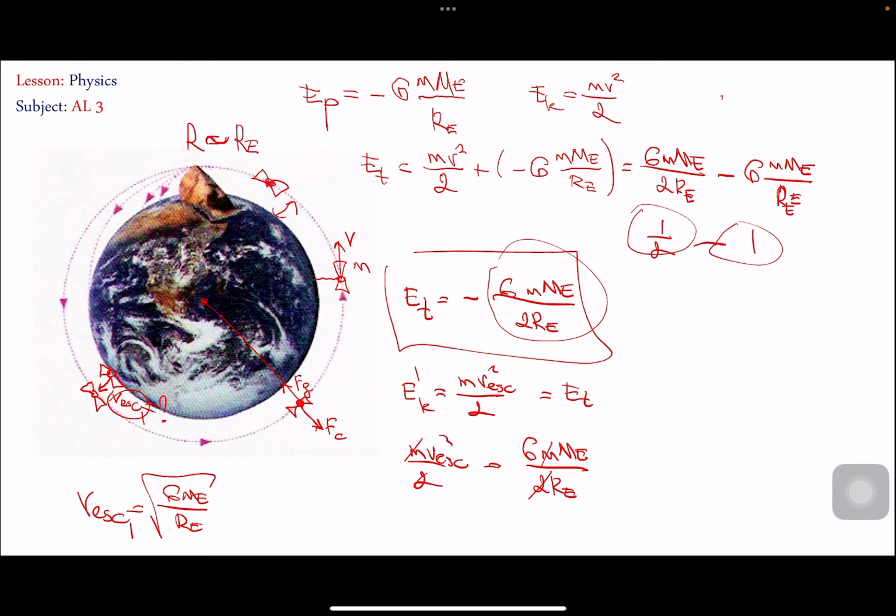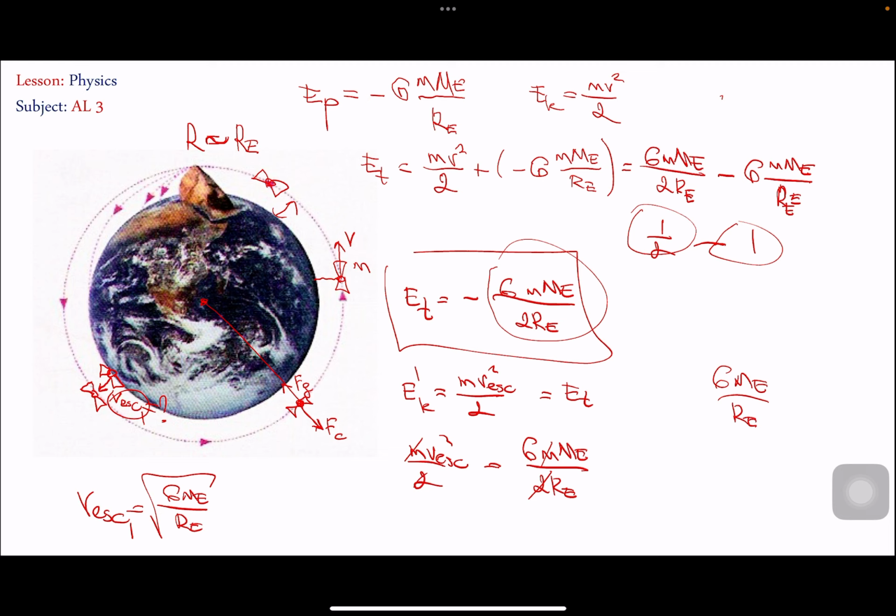It has two kinds of energies, kinetic and potential, and it will move exactly along this path here.